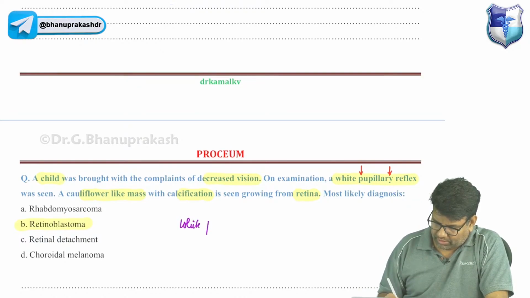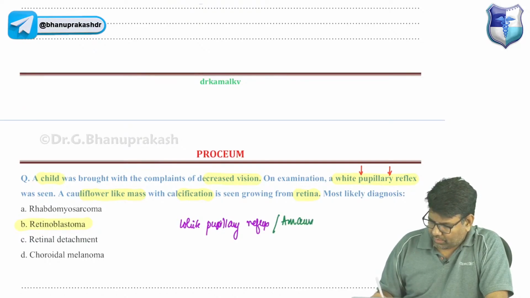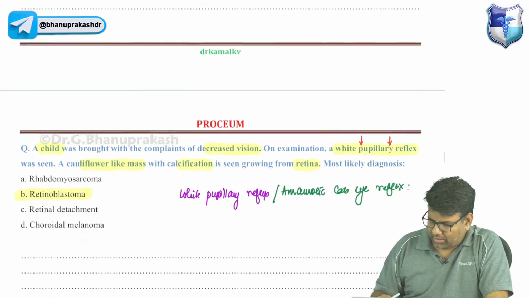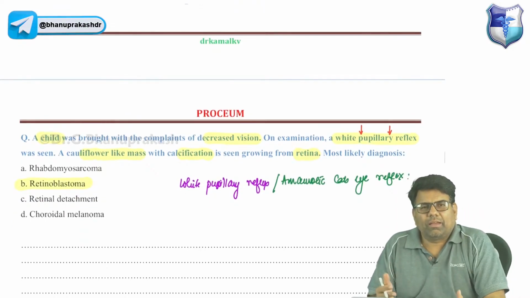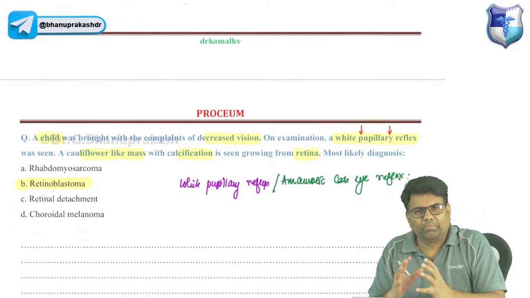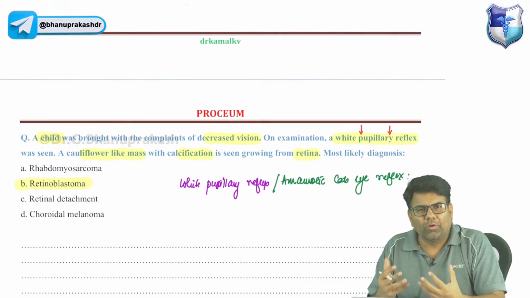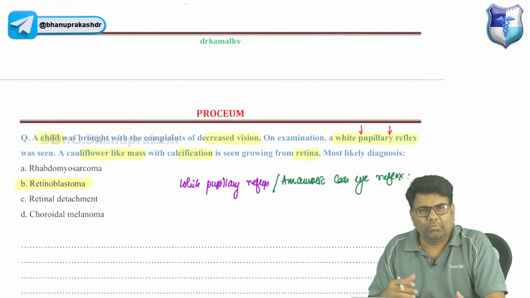So white pupillary reflex, which is also known as amaurotic cat's eye reflex. And here, when we do fundus examination, usually we have that red glow kind of impression.